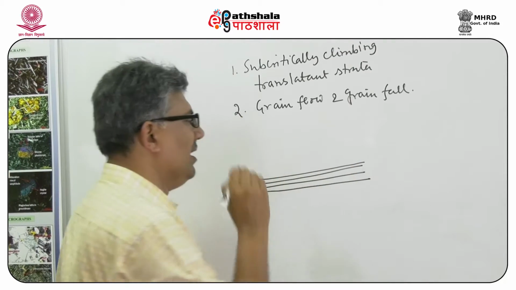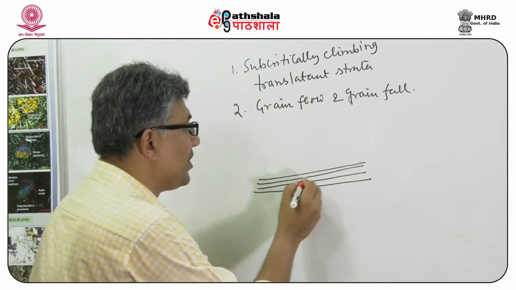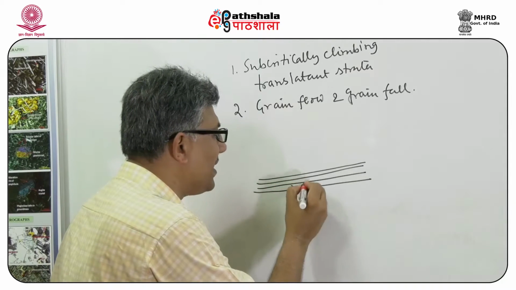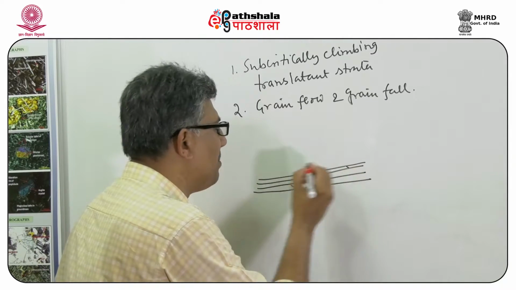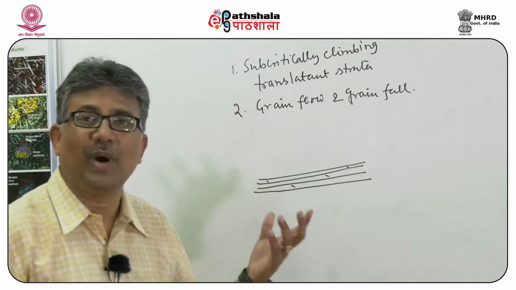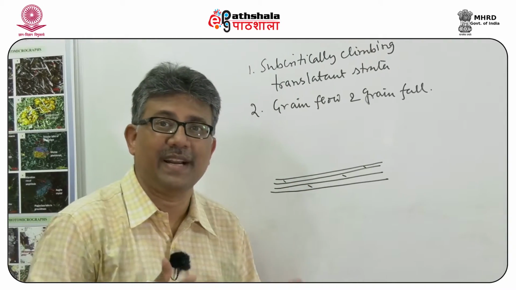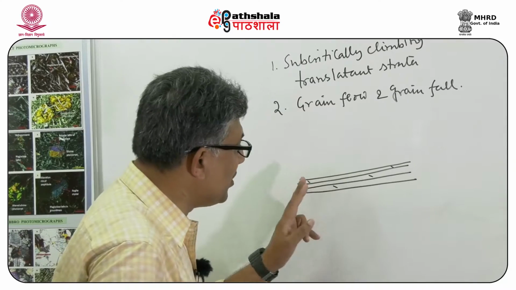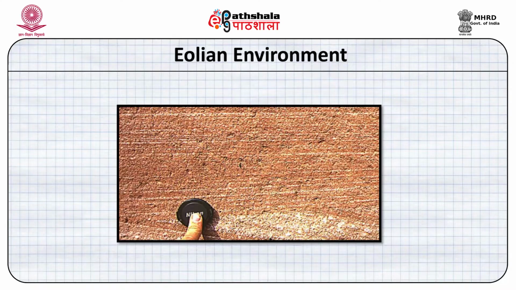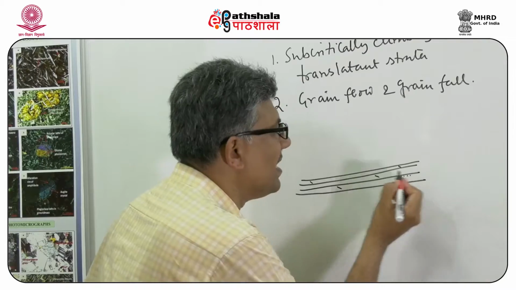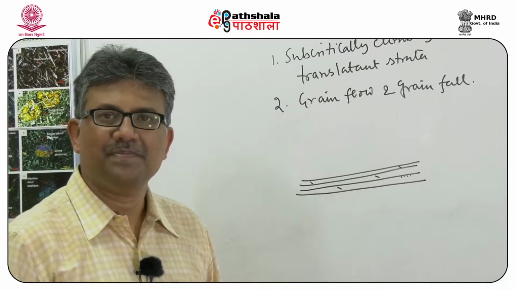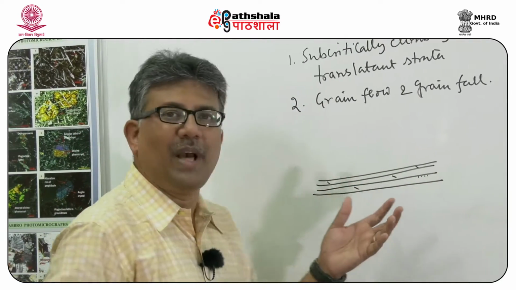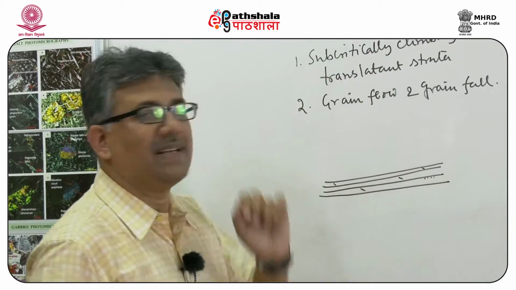Very rarely you will get some ripple laminations, but it is very difficult to identify unless your eye is very set in the system, and it will show very small cross stratification of ripple lamination. Sometimes you will get a concentration of relatively coarser grains at the top of this strata. This is a typical product of the subcritically climbing translatent strata.